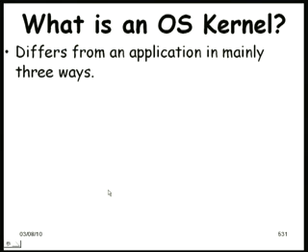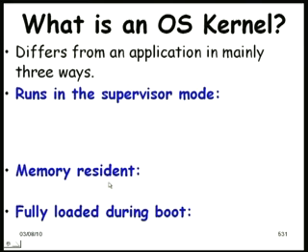And we said that the OS kernel mainly differs in 3 principal ways from a traditional application. The first one is that it runs in the supervisor mode. The kernel programs, kernel processes, run in the supervisor mode. That is, they run at higher priority, and also they can do some privileged operations which user programs cannot do, like access the entire memory, execute some instructions, access IO ports, etc. And paging is not applicable to the kernel. These are memory resident.